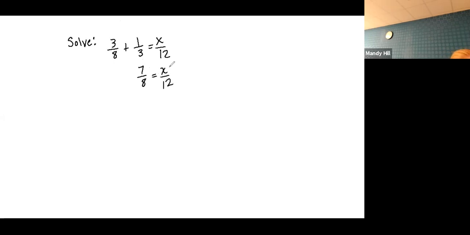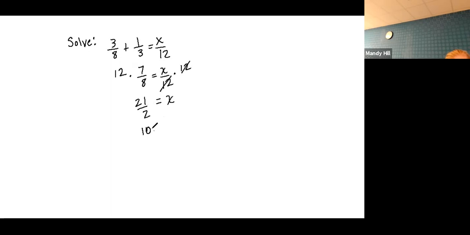So I really need x, since we're asked to solve this. That means we need to get rid of this divided by 12. To get rid of a divided by 12, you would multiply by 12 on both sides of your equal sign so that these 12s cancel out. And so our answer would be 12 times 7/8, which is 21 over 2.